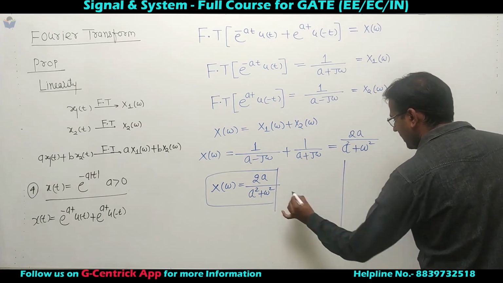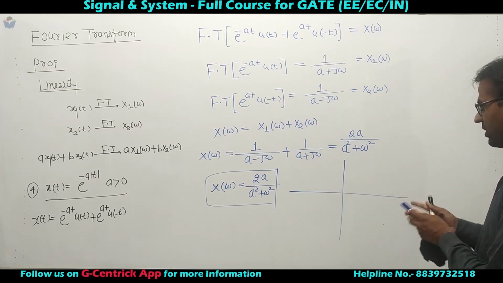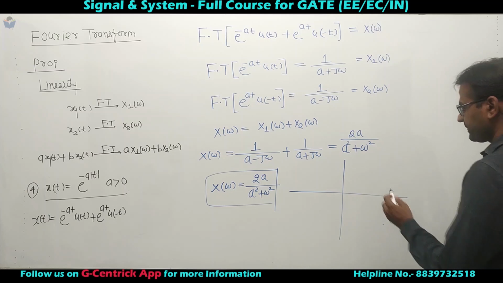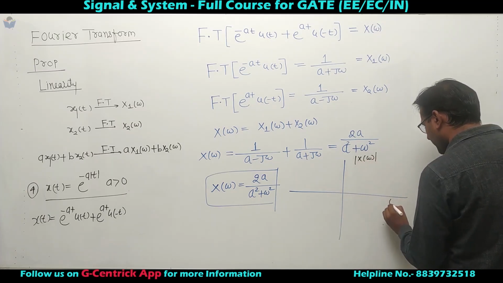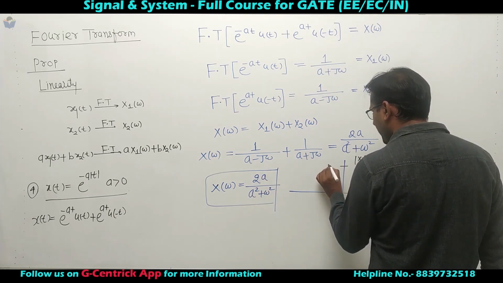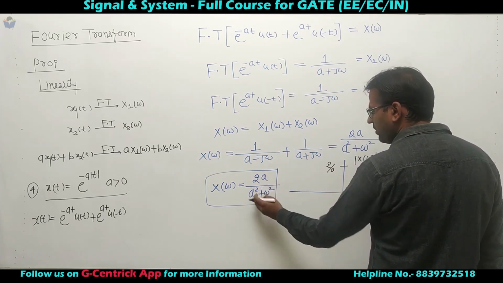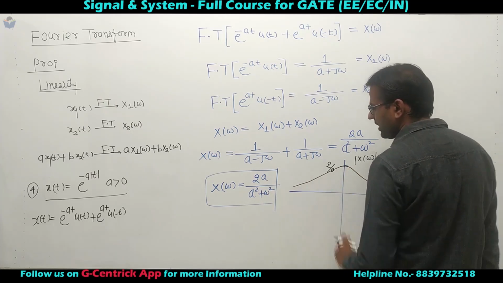So I can say, on the vertical axis you can draw the magnitude X of omega, and on the horizontal axis you can draw omega. Set omega equal to 0, the value is 2 by a. Then when you increase omega, this will decrease.